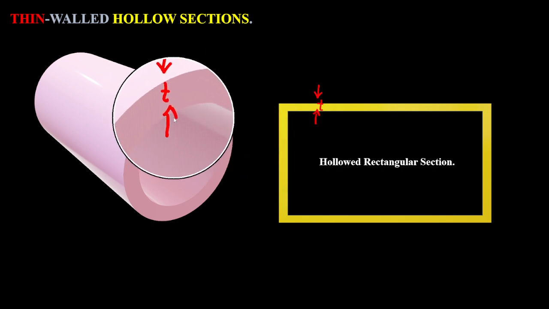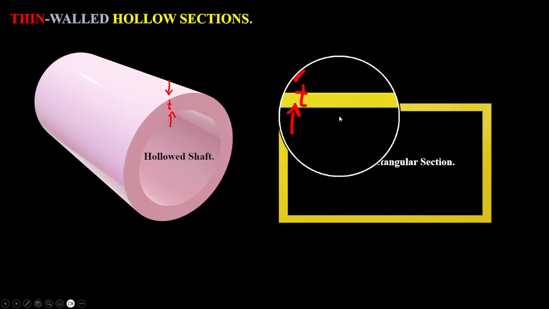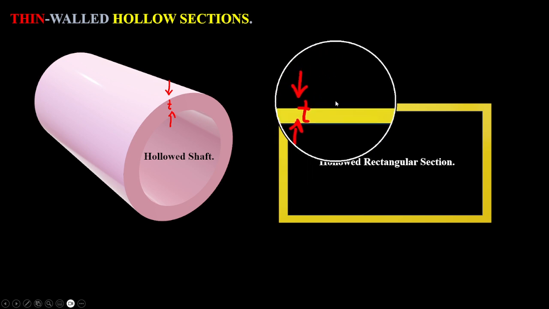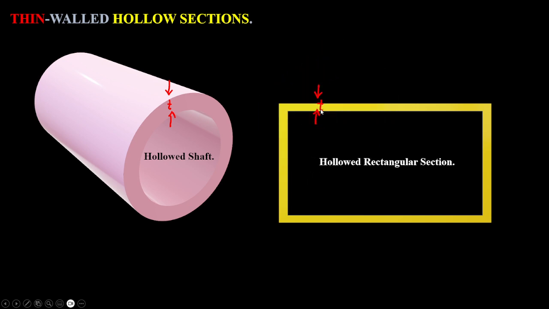So either the radius is bigger than or equal to 10 times T, or the dimension, the length or width, over the thickness is at least 10. That's why we call it thin-walled. So we can say every thin-walled section is a hollow section, but not all hollow sections are thin-walled, because that is based on the ratio of dimension to thickness.